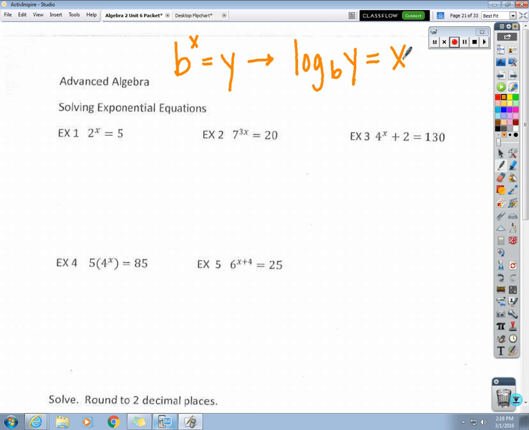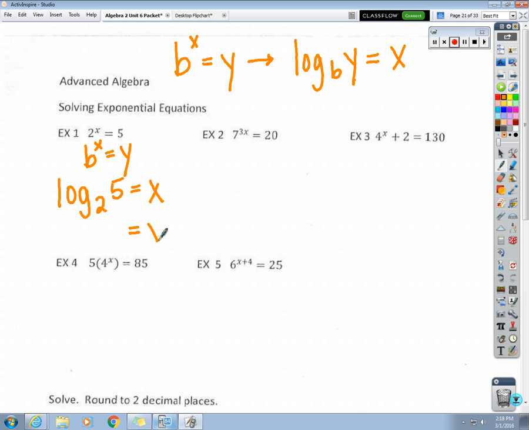Doesn't that put x by itself? Okay, so let's take it from exponential form to logarithmic form so that the x will be isolated. So if this is b to the x equals y, it'll become log base b of y equals x, right. So now we've isolated x.